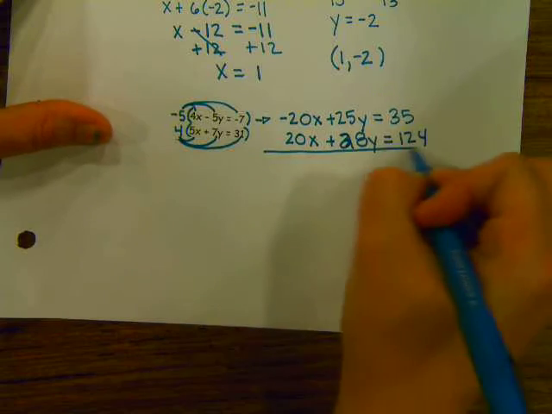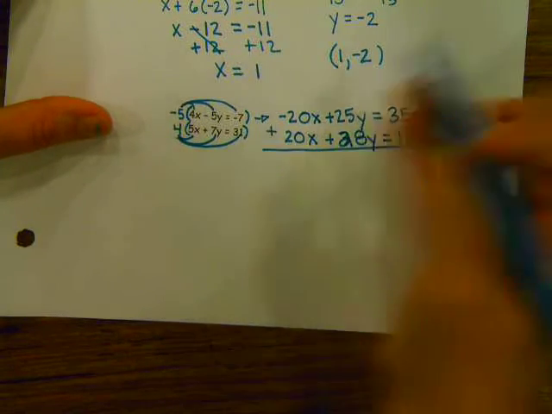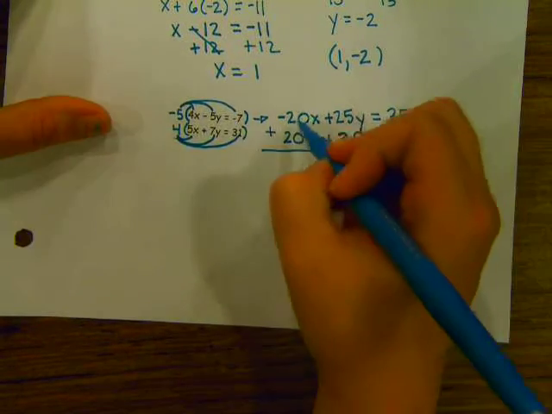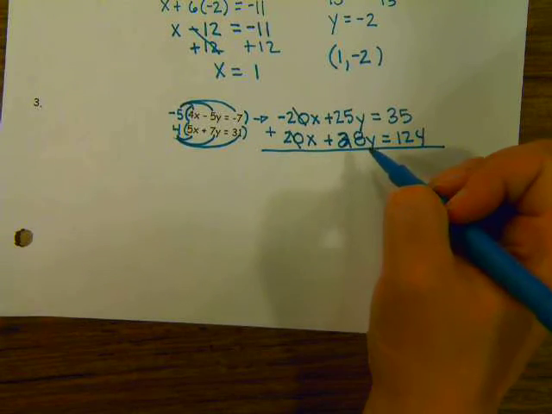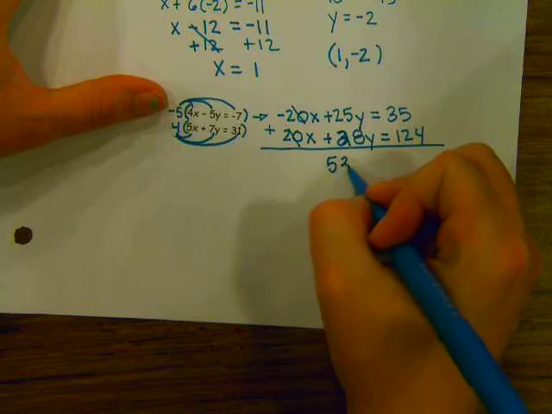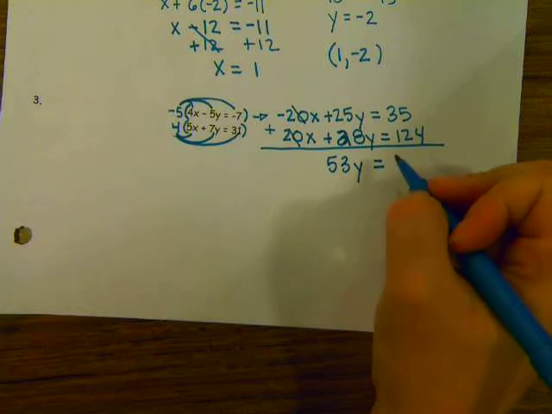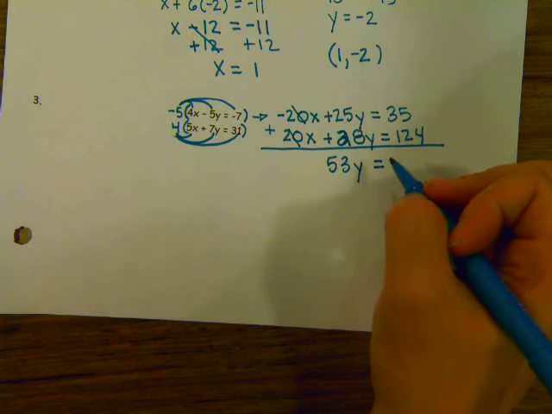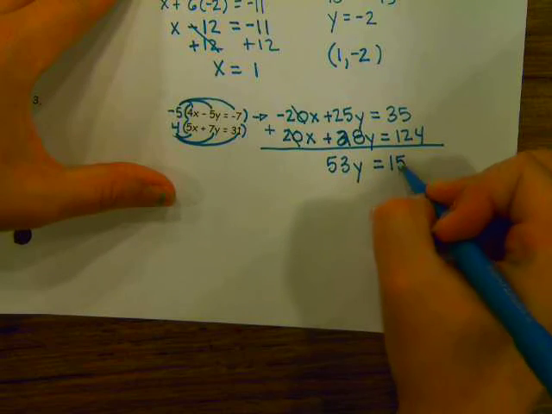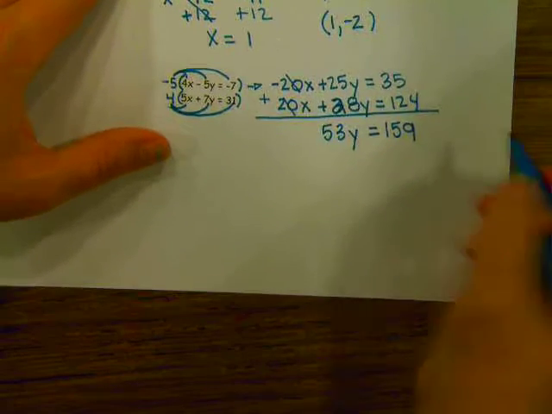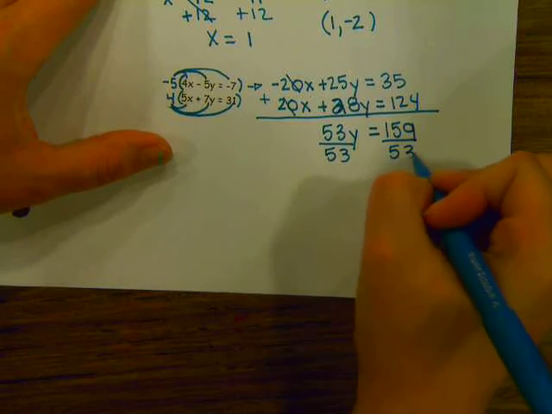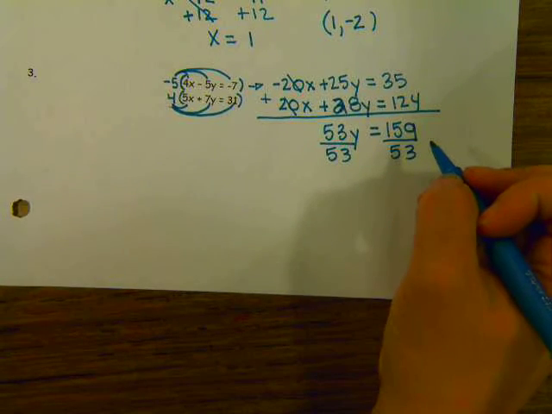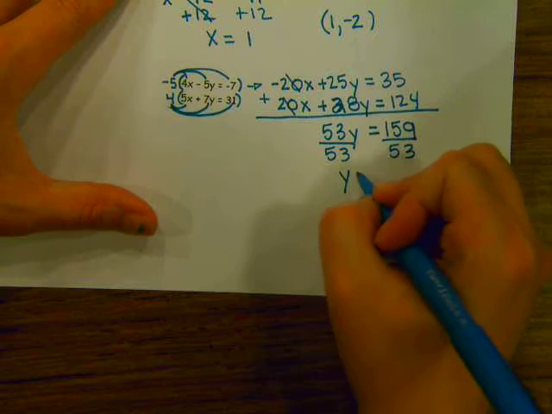This is so that when I add these two together, the 20s will eliminate. So I'll cross those off. 25 plus 28 is 53y equals 35 plus 124, 159. So now I'm going to divide by 53. Divided by 53, and I got y equals 3.